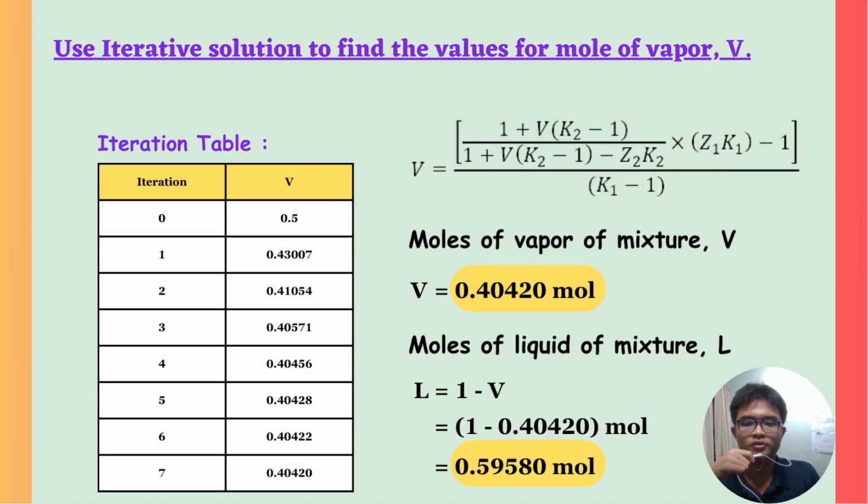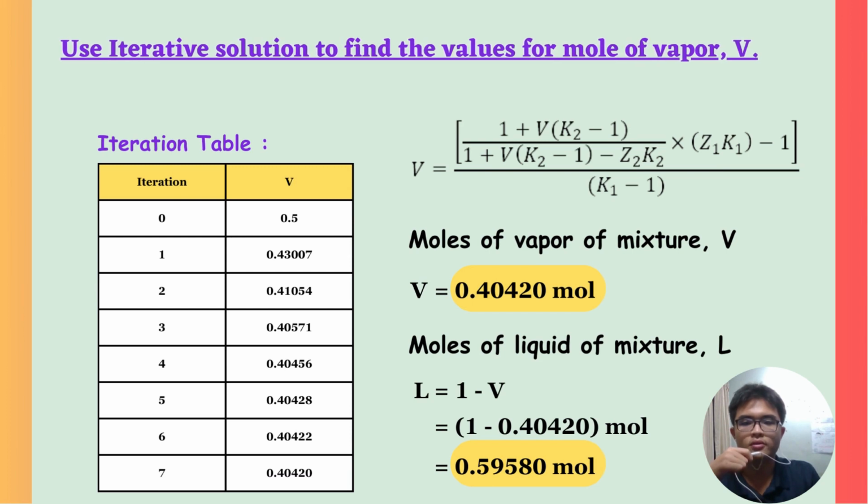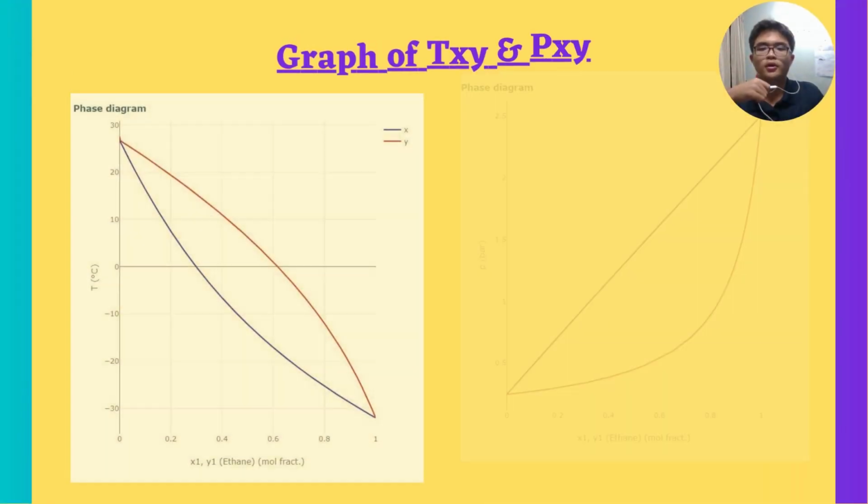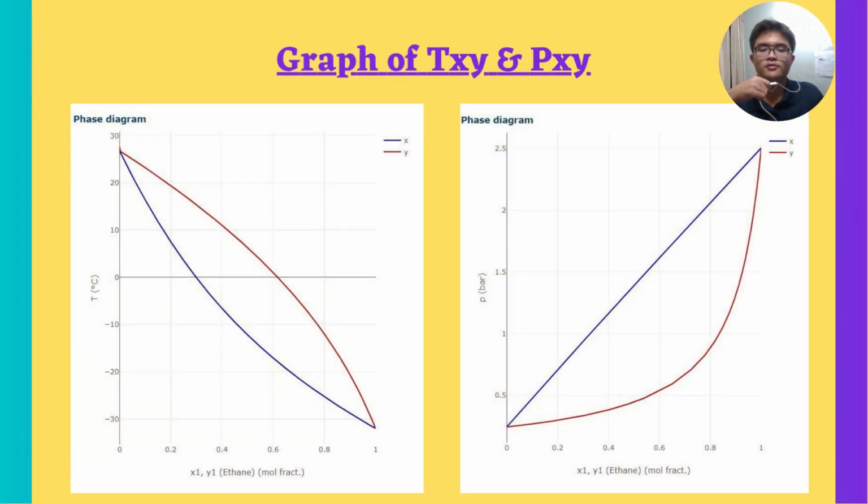After obtaining the V initial value, we can use the iterative solution to find the mole of vapor V of the mixture. The V equation shown on the right side is for us to do the iteration. A total of 7 iterations are required to get a constant V value, and this constant V value is equal to the mole vapor of the mixture, which is 0.4042 mole, while the mole of liquid of the mixture is 0.5958 mole.